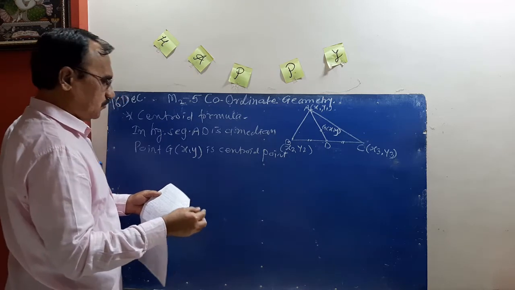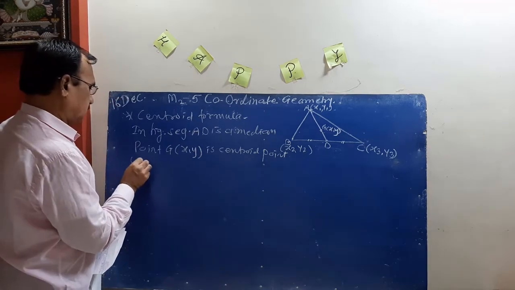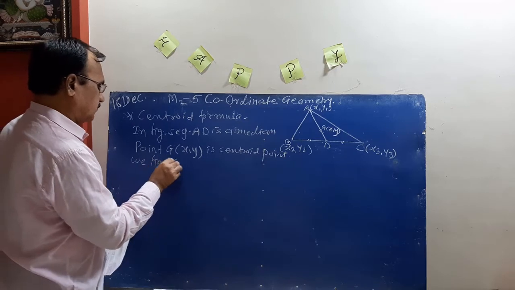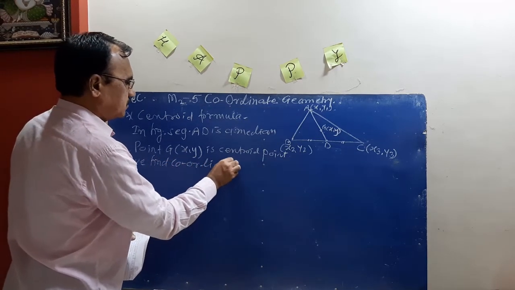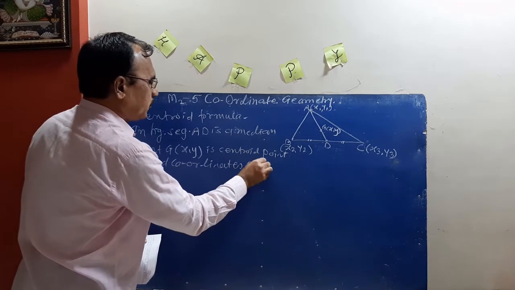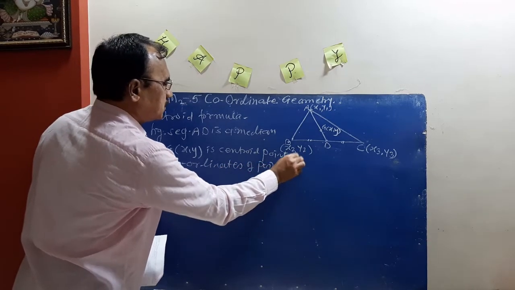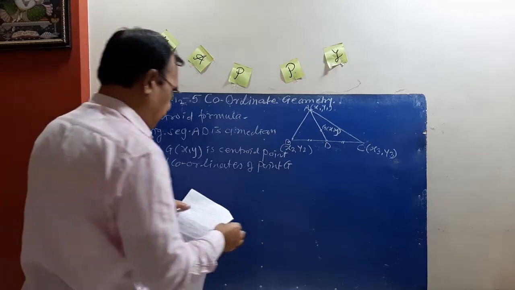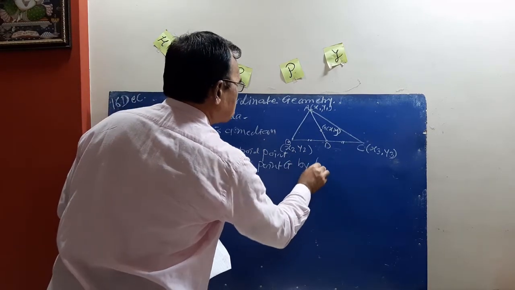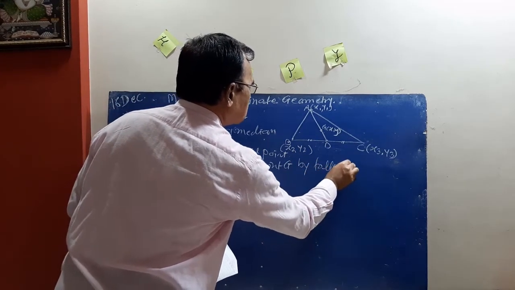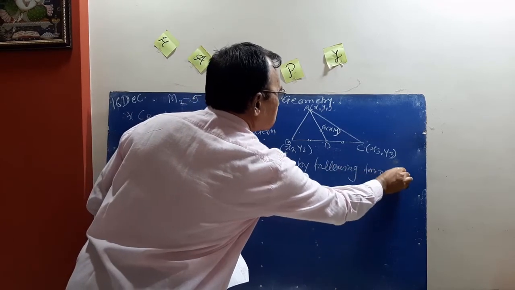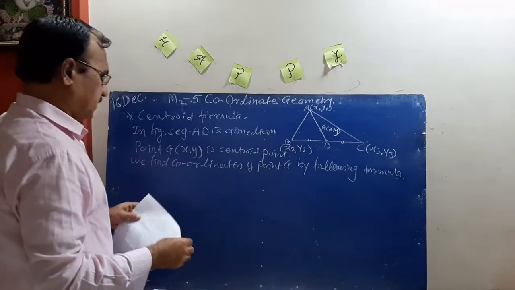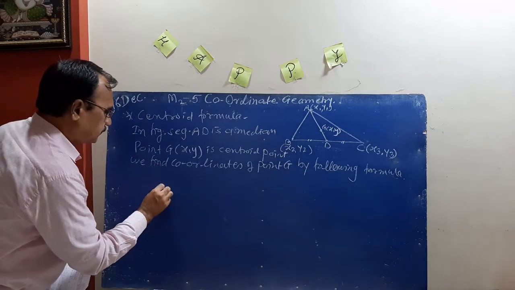We find coordinates of point Z. To find coordinates of point Z, we use the following formula. Very simple formula, this one also.